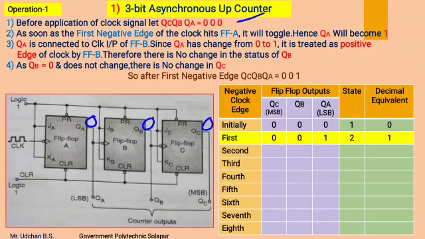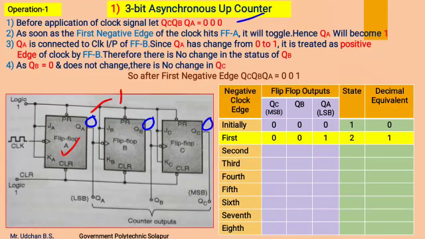Now, as soon as the first negative edge of the clock pulse hits flip-flop A, as the J and K inputs are connected to logic 1, flip-flop A will toggle. Hence, the output QA will change to 1, which was previously 0.